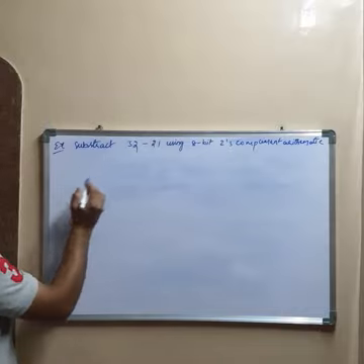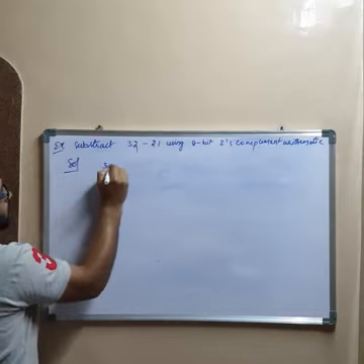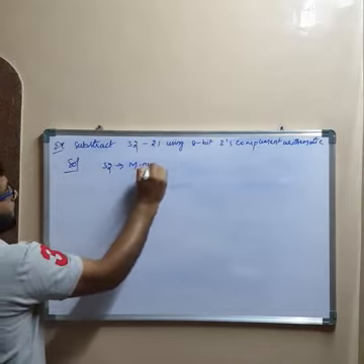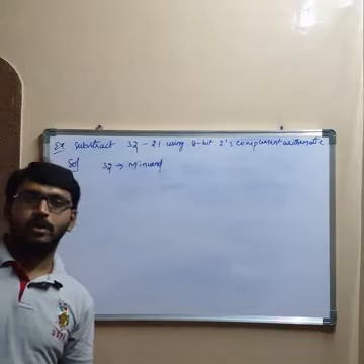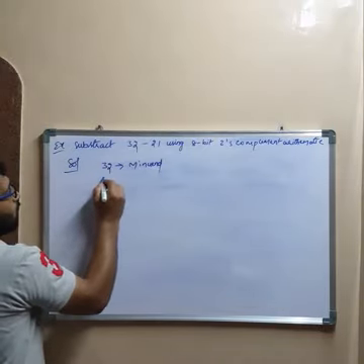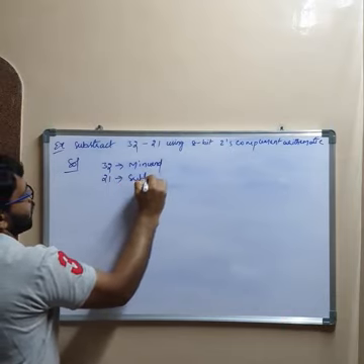So I am taking the two numbers here. Solution. 32 is the minuend. So there are two names in the subtraction. One is minuend and the second one is subtrahend. And 21 is the subtrahend.